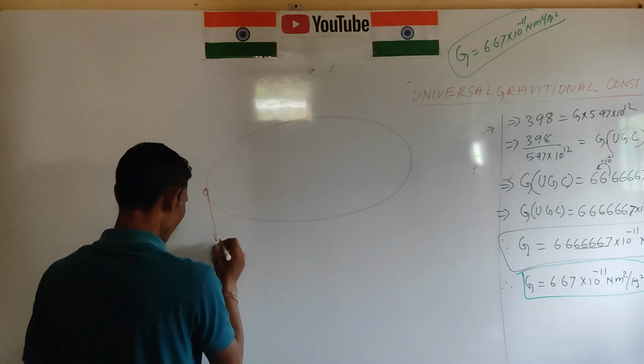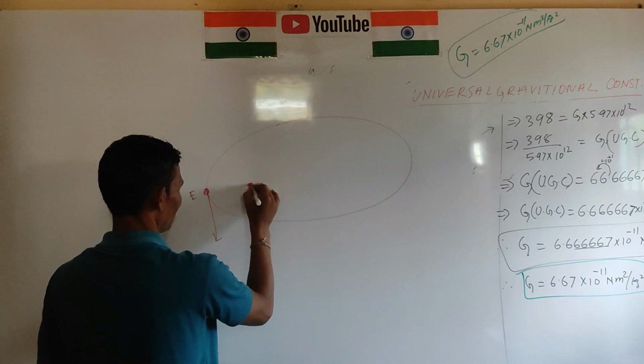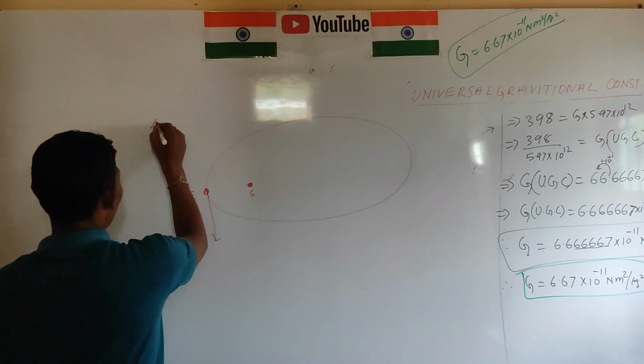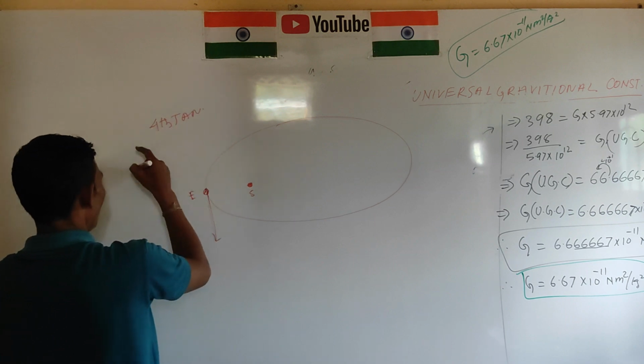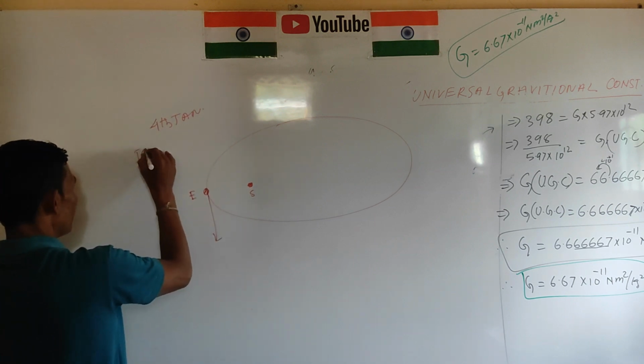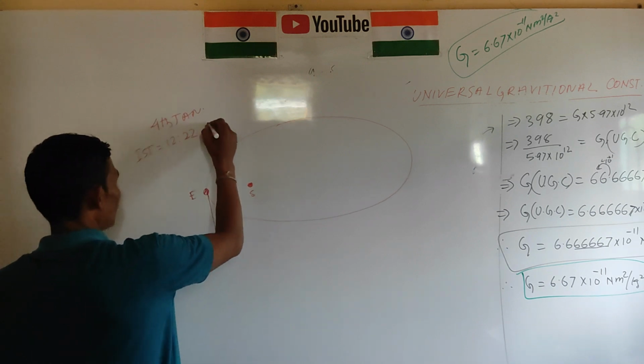Earth is here, Sun is here. At the perihelion, on the 4th January, at Indian Standard Time, Jamshedpur.